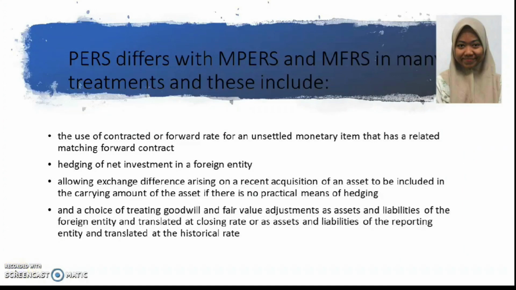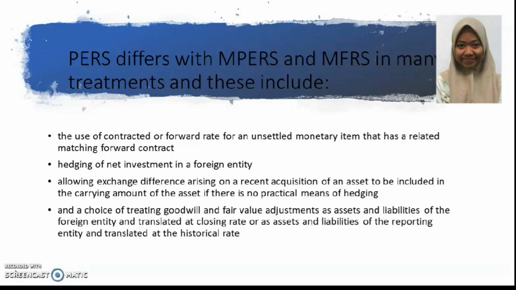For translation of foreign currency transactions, MASB 6 differs from MFRS and MPERS in many treatments. The first one is the use of contracted or forward rate for an unsettled monetary item that has a related matching forward contract. The next one is the hedging of a net investment in a foreign entity, allowing exchange differences arising on a recent acquisition of an asset to be included in the carrying amount of the asset if there is no practical means of hedging.